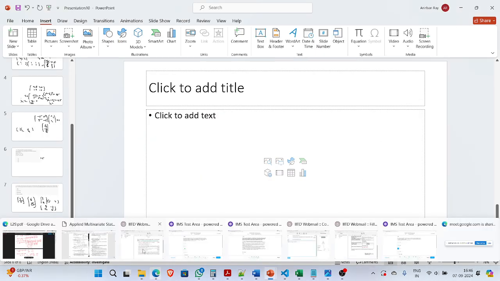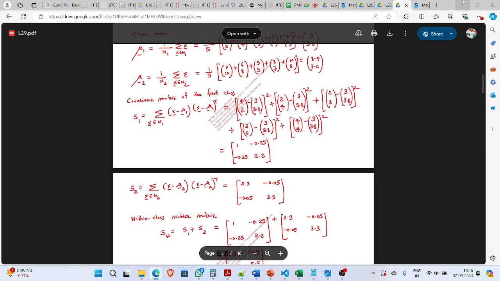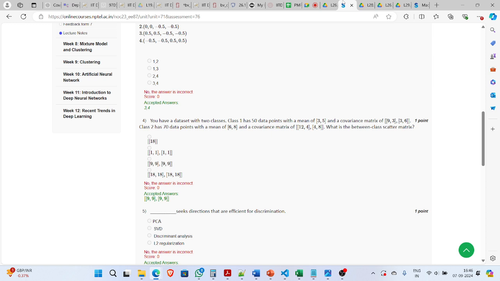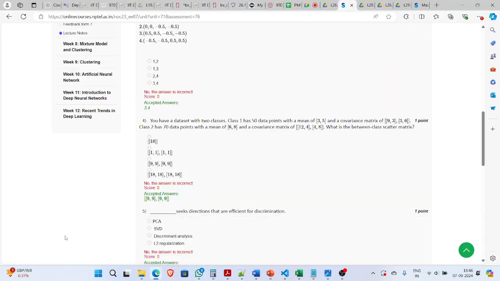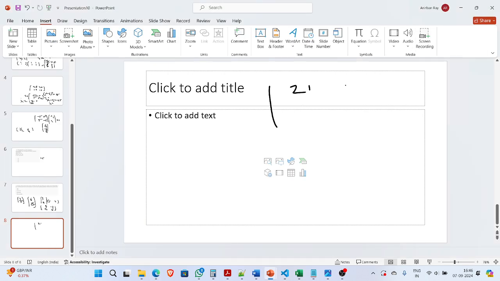So 9 and 12 is 21. What are they asking here? So hard to understand. 21, 4 and 3 are 7.